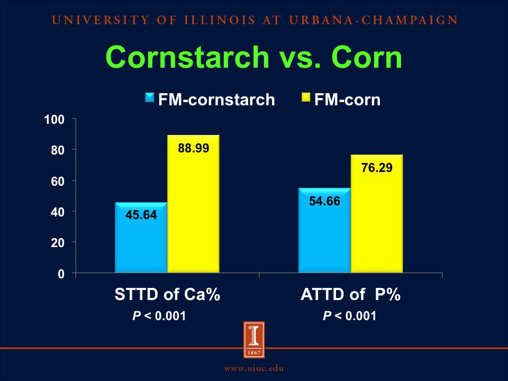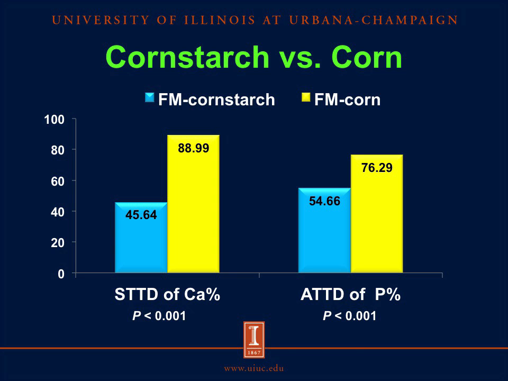Here, the blue bar represents the fish meal cornstarch diet, and the yellow bar represents the fish meal corn diet. Here, we compare the cornstarch diet and the corn diet. And as you can see, the standardized total tract digestibility of calcium and the apparent total tract digestibility of phosphorus is reduced if a cornstarch diet is used compared with the corn diet.